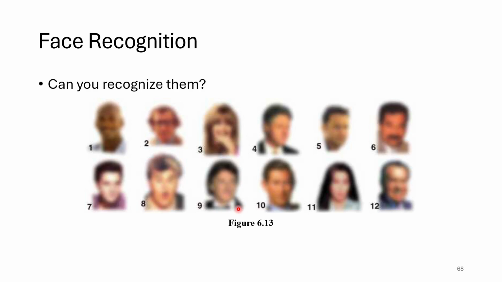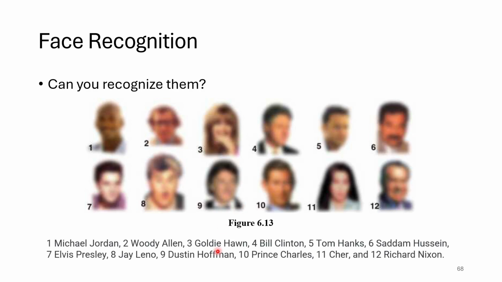Okay, let me show the answer. Number 4 is Clinton, correct. So I say this is the example given in our textbook. When the paper was published, Tom Hanks was young.